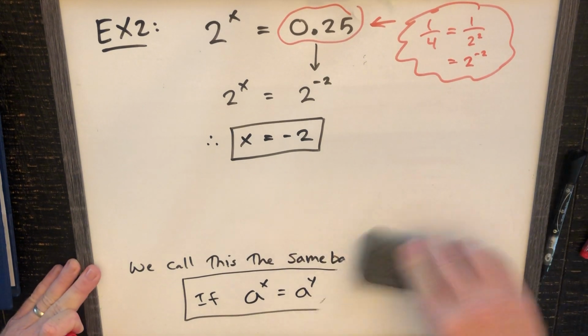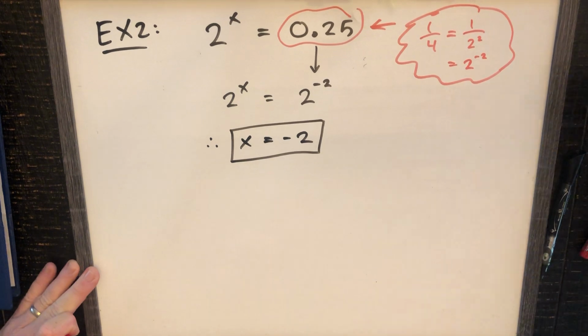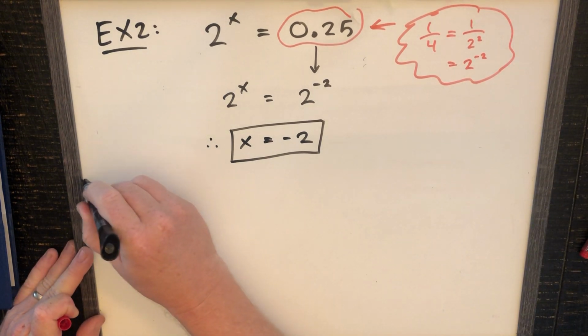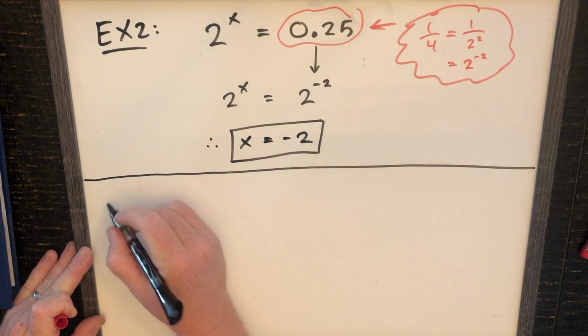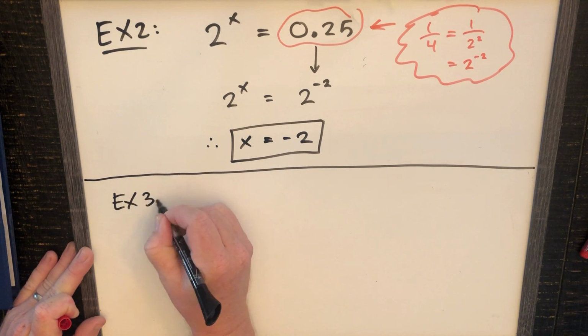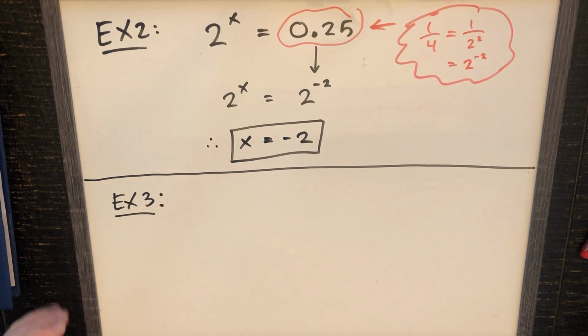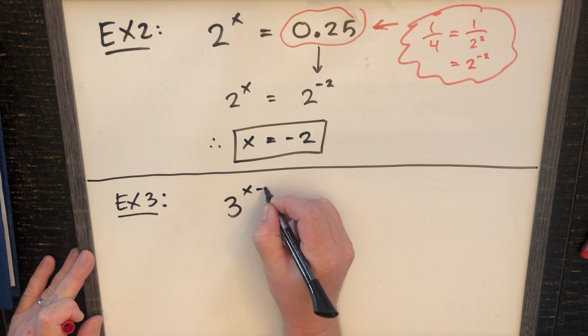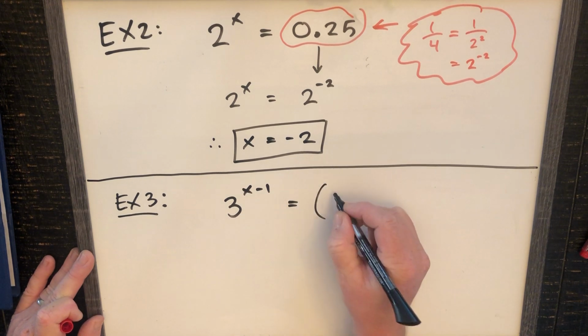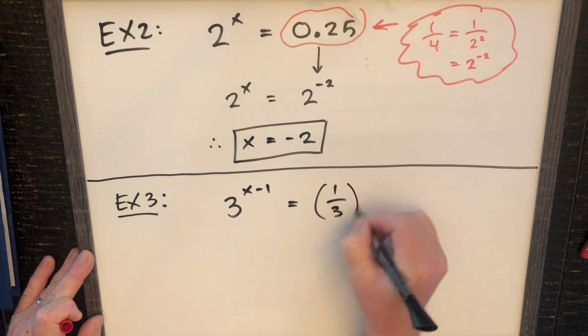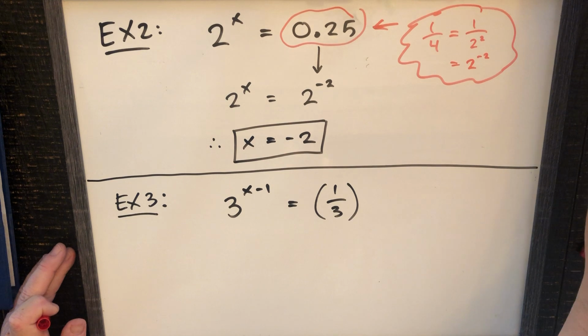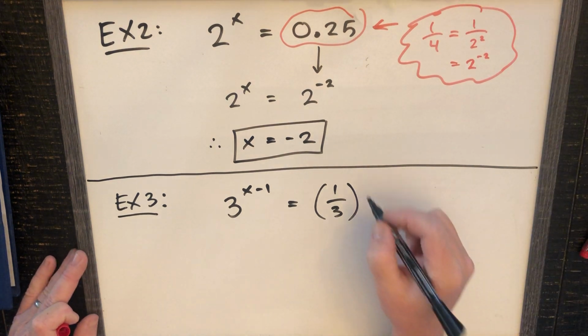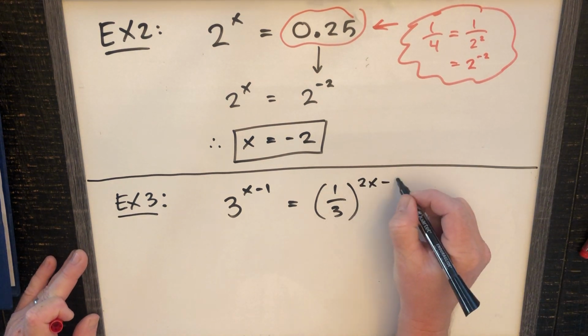Maybe I could squeeze another one on here while we're at it. Example 3. 3 to the x minus 2 is equal to 1/3 to the 2x minus 8.